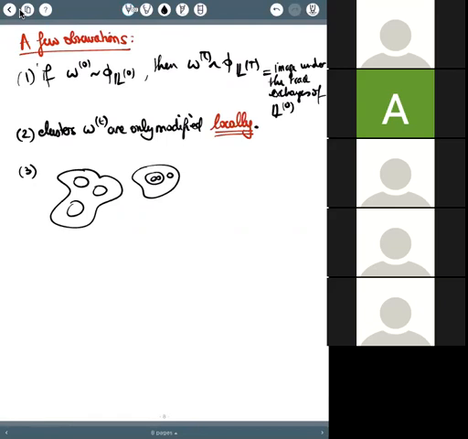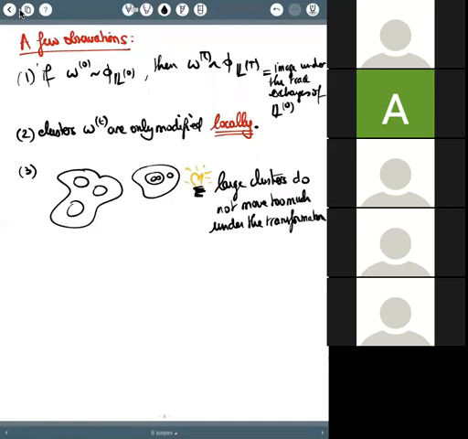So it seems that large clusters, but this is something less clear, large clusters do not move too much under the transformation. So this is very good news because in some sense, that's exactly what we want to prove. The problem is that it's not straightforward.